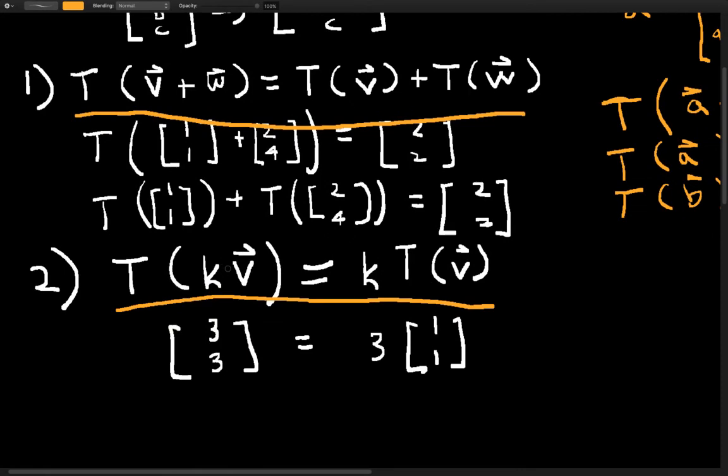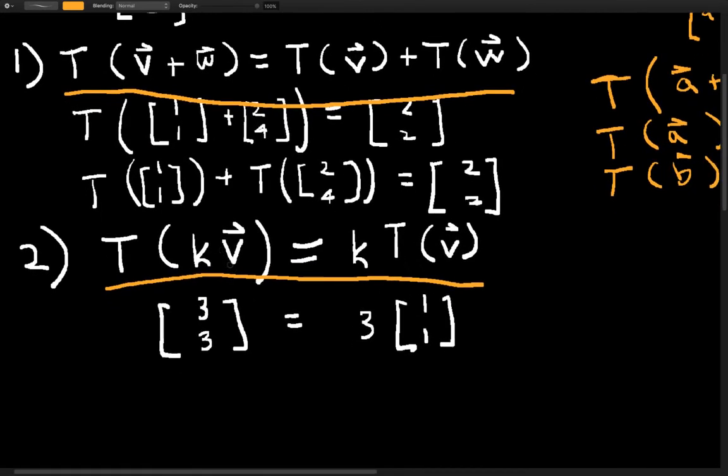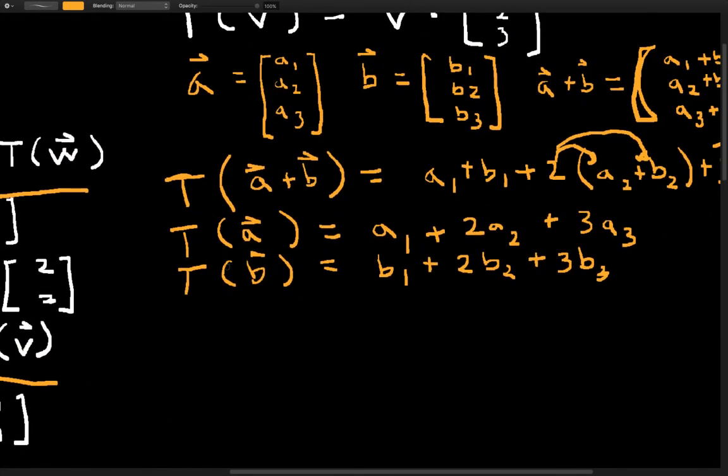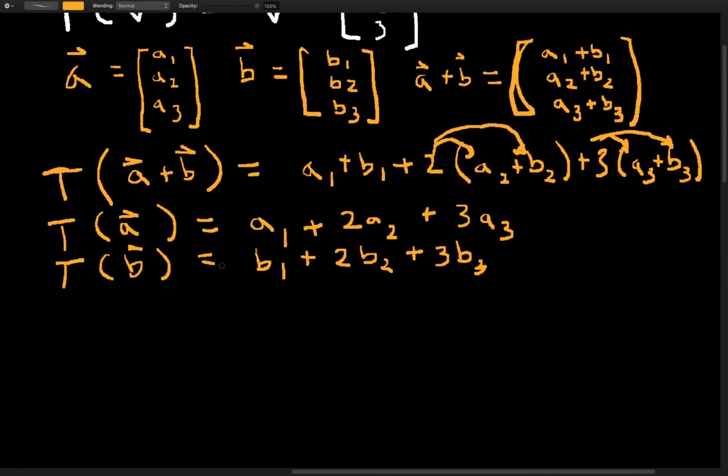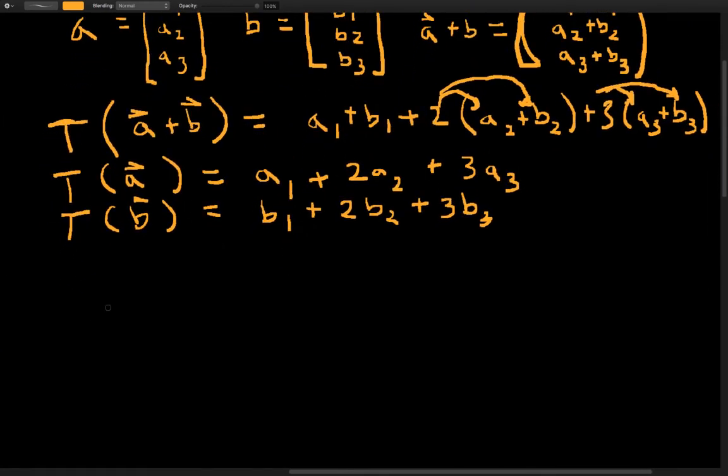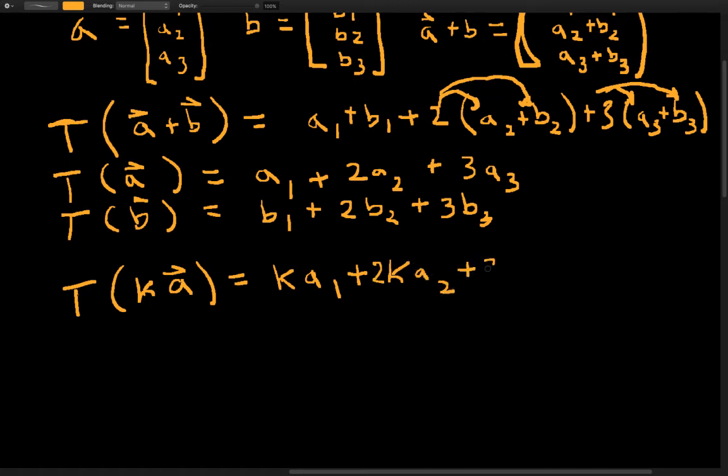Now we need to check number 2, does it hold under multiplication? T of kA would be equal to kA1 plus 2kA2 plus 3kA3.